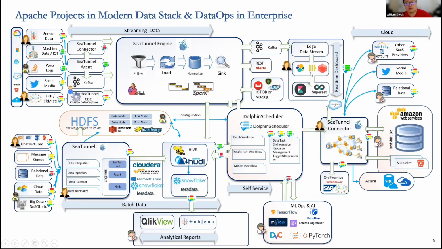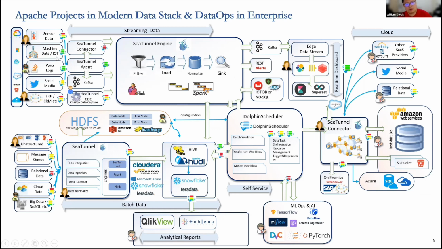Then you can use Superset or Kibana to do the visualization. And also you can use the SeaTunnel engine to sync the data to alert systems or to your IoTDB or other NoSQL database.